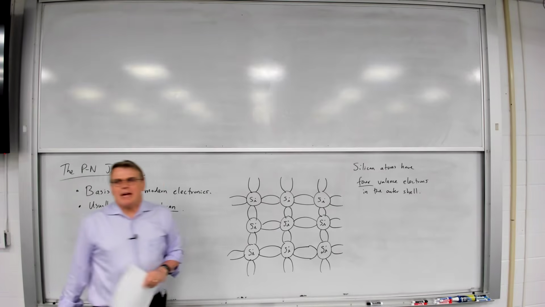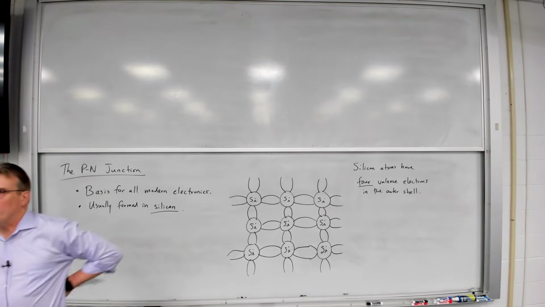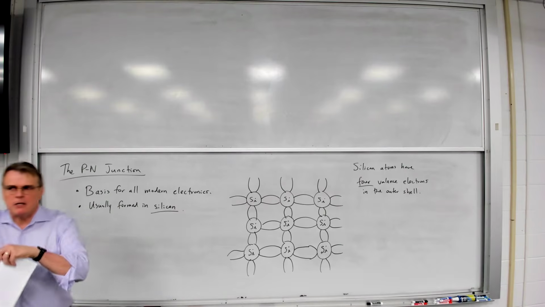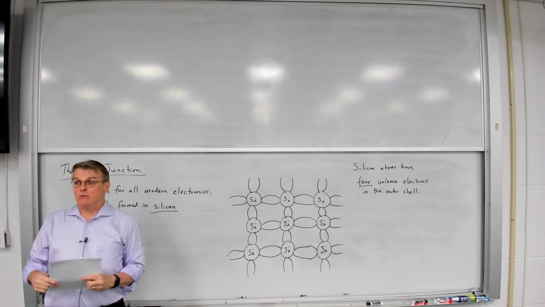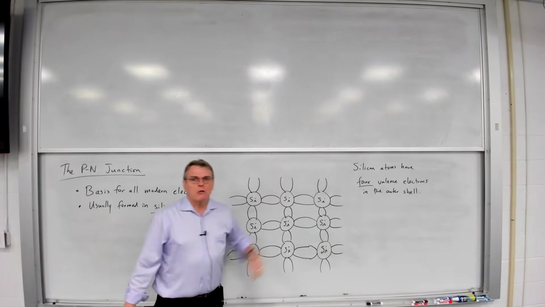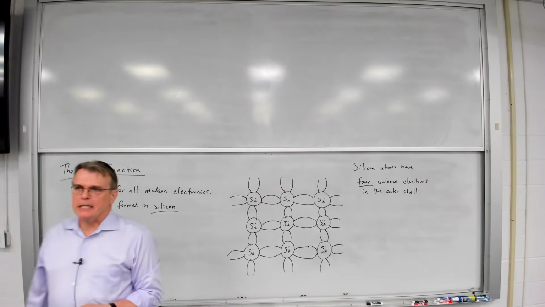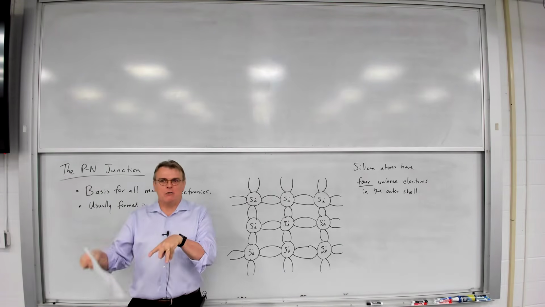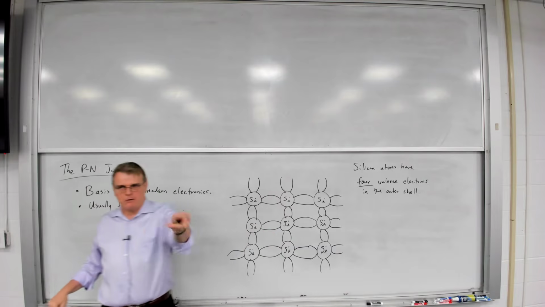So silicon atoms have 4 electrons in their valence shell, but the valence shell of silicon can actually have 8 electrons. There's room for 8. And so what silicon does is it forms covalent bonds with the adjacent silicon atoms. So that, in effect, every silicon atom has 8 electrons by sharing 4 electrons with their neighbors.